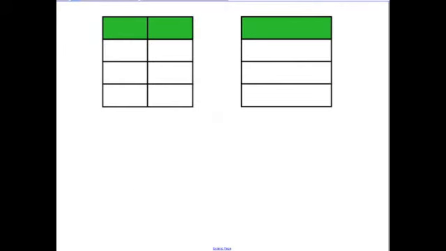If we compare those two visualizations, we agreed that the first one was 1/4, so 1 out of 4 were green, and for the second one it was 2 out of 8 were green. These fractions are known as equivalent fractions, which means they are equal. They represent the same proportion of the whole.